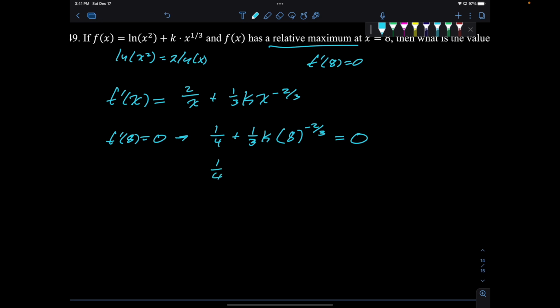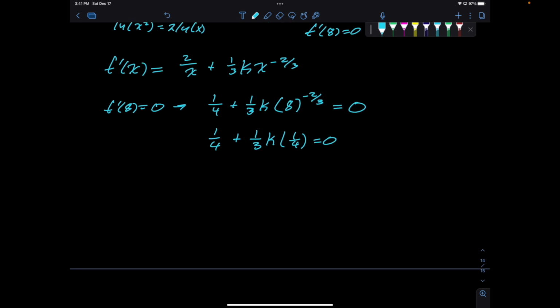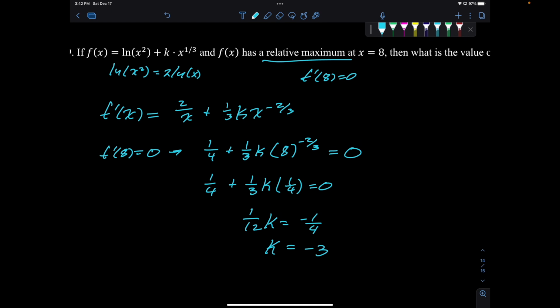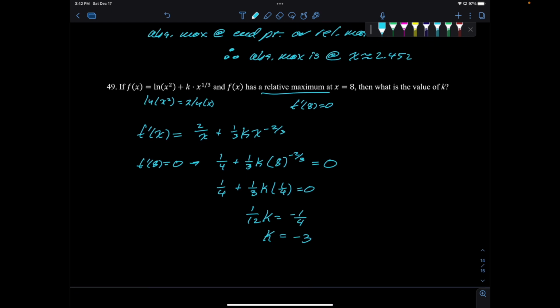So 1/4 plus 1/3 k times... the cube root of 8 is 2, squared is 4, to the negative first is 1/4. Okay, so I'm gonna do 1/12 k is negative 1/4. k is negative 3. I got k is negative 3. I believe that to be the value of k.